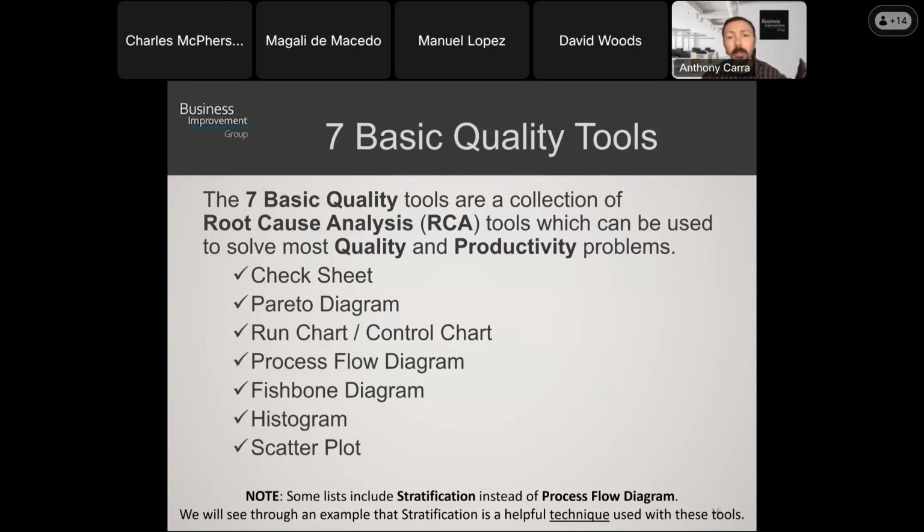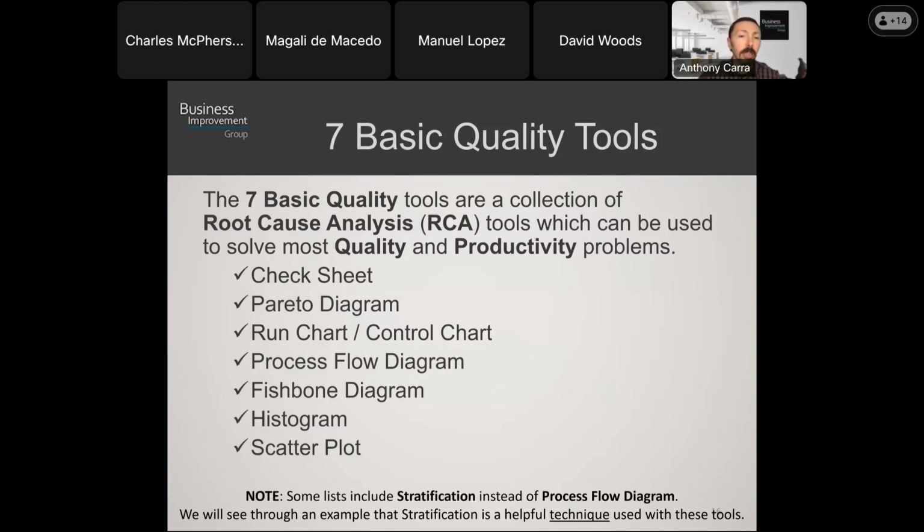It's always great to flick through and pick up some new tools for new applications. But even without that vast toolbox, there are at least these seven basic quality tools that may look familiar to you, that we definitely want to become familiar with and use within our CAPA process as well.